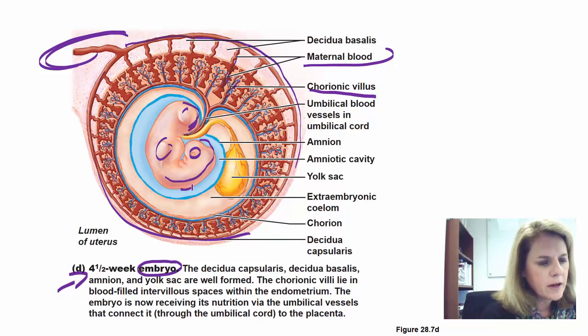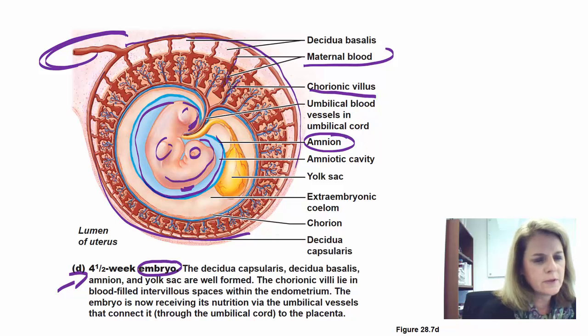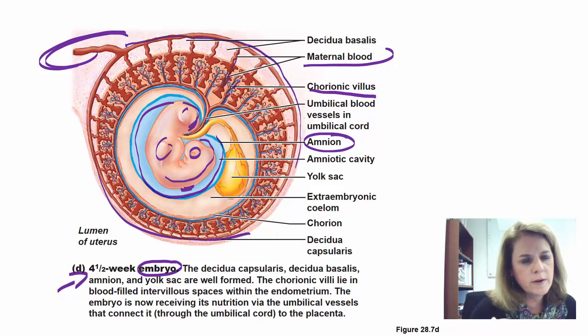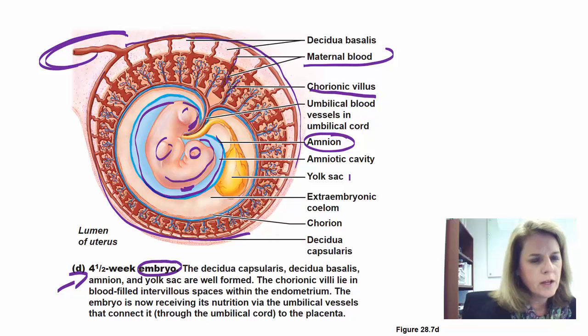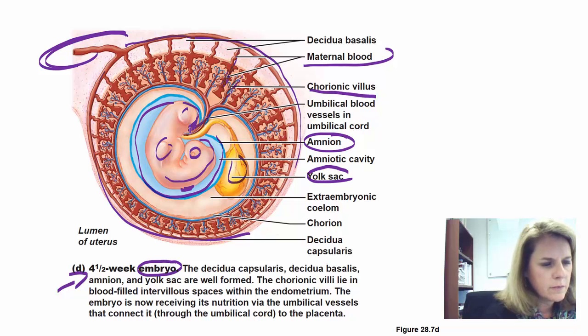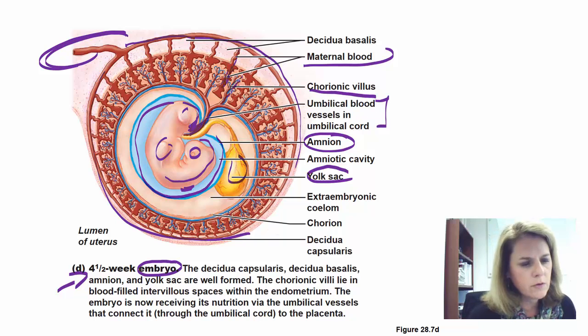You have your amniotic cavity filled with amniotic fluid. This membrane is called the amnion, so that's going to form and hold that amniotic fluid inside. You have your yolk sac. You have the formation of the umbilical cord here, so you've got blood vessels, the arteries and veins that make the umbilical cord.